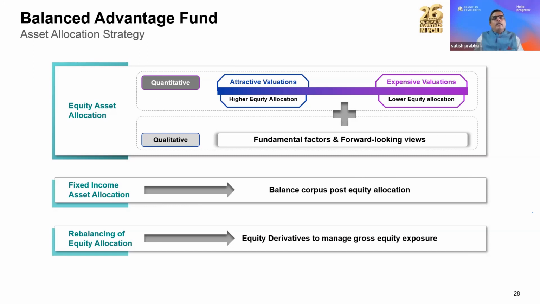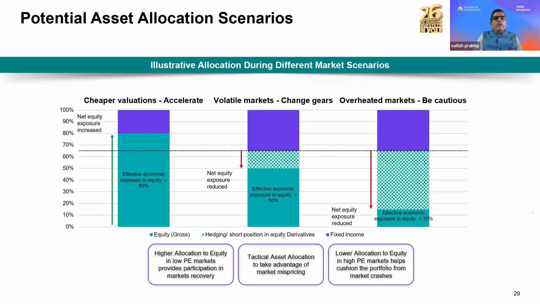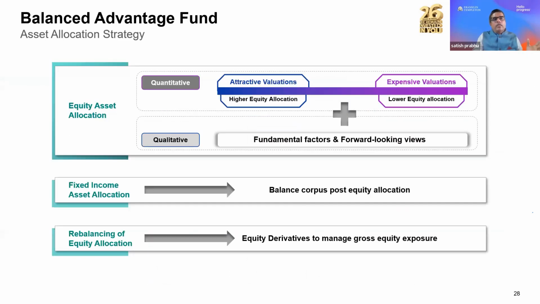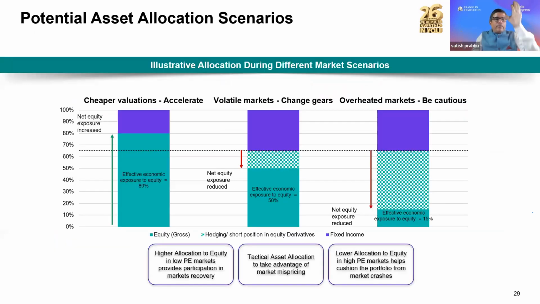Equity markets, whenever they are very highly valued, and the valuation of the market is determined by what we call the price to earnings ratio.